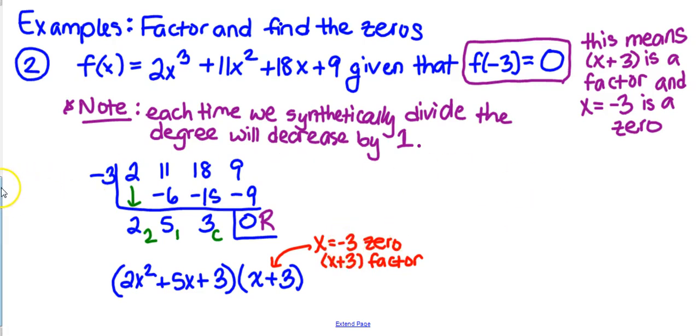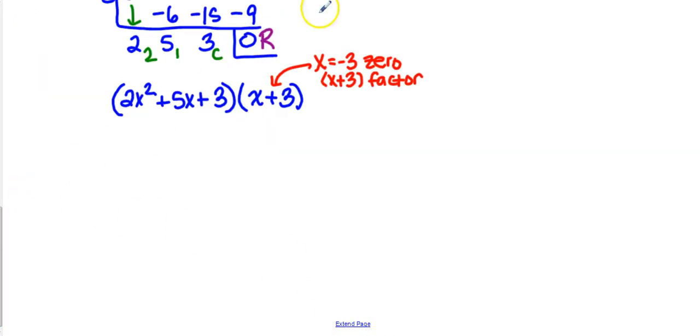Let's see if we can keep factoring. Remember, when a is not 1, the rules change a little bit. Remember, we need to guess and check. So I'm going to set up my parentheses, 2x and x. I'll leave x plus 3 there just so I don't lose track of it.